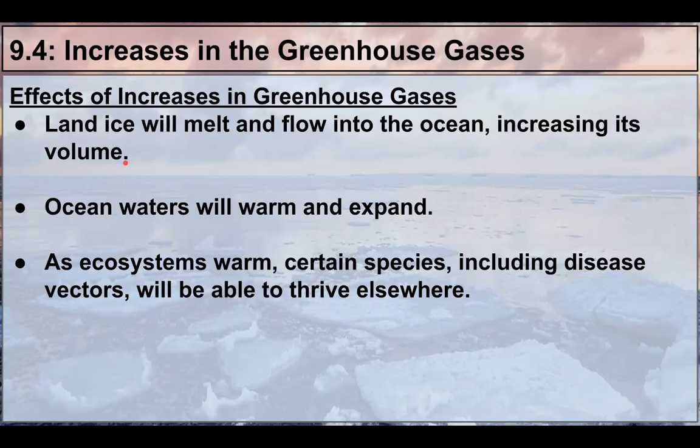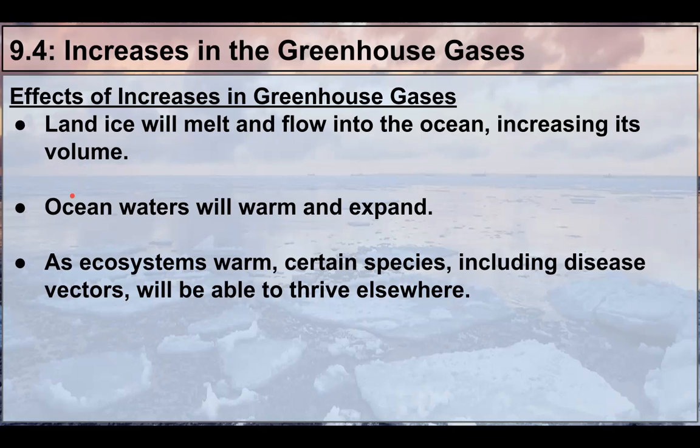Okay, so ice on land is going to melt, and when that does, it's going to flow. And when it flows, it's eventually going to find itself in an ocean, and that will increase the volume of the ocean, right? So think of this as like dropping an ice cube in a glass of water, right? You're adding water to it, okay? Eventually that ice is going to melt and increase the volume. In this case, the ice is not in the water already, so it will be coming from the land, and as such, increase the volume of the ocean.